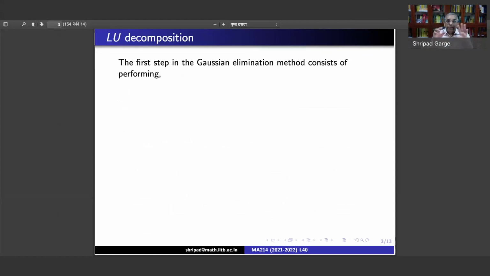Now the first step in the Gaussian elimination method, if you remember, is about eliminating the variable x1. So for each j from 2 to n, we apply the operation e_j - m_j1 e_1 taking the place of e_j. So you change your row e_j, or your equation e_j, by adding the negative m_j1 times e_1 to e_j.